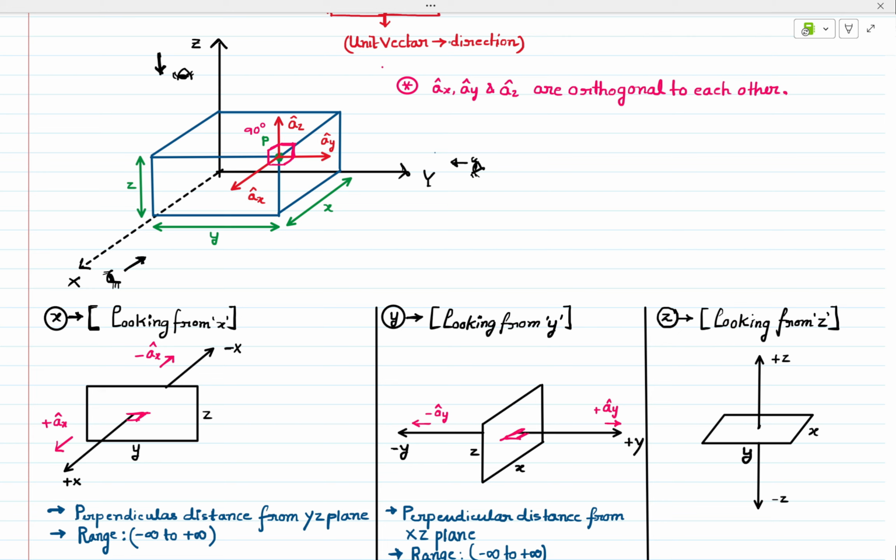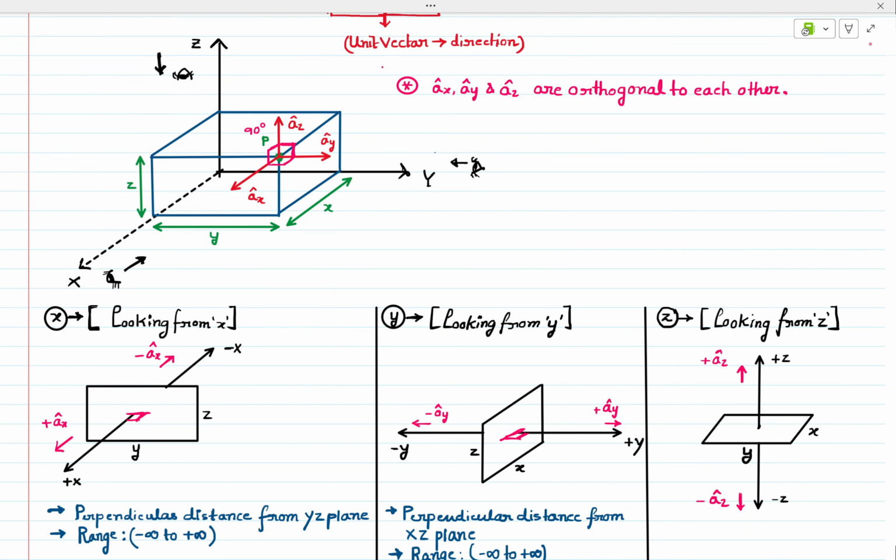If this is the plus Z direction, I can also write this as plus AZ and this as minus AZ. So above is the plus AZ and the next one is the minus AZ.